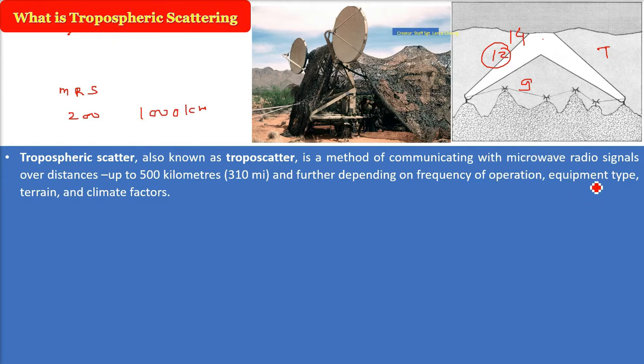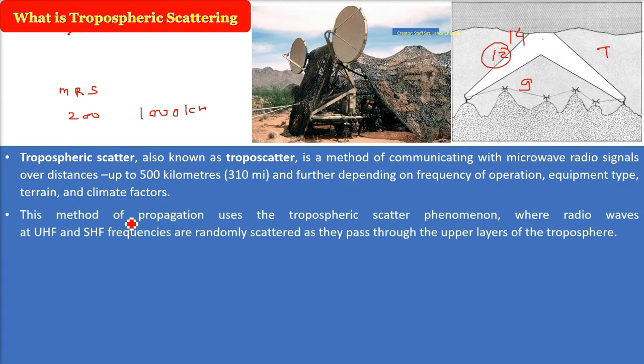So the tropospheric scatter is like this. The method of propagation uses, as I said, tropospheric scatter. Scatter happens whenever the light meets a gas molecule or a water molecule of the order of the wavelength, so it gets scattered randomly in different directions.